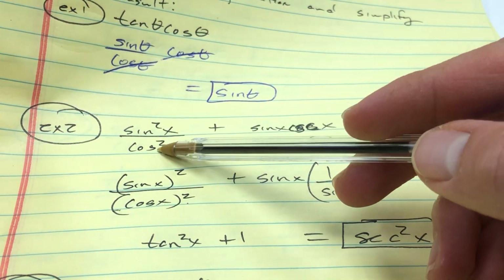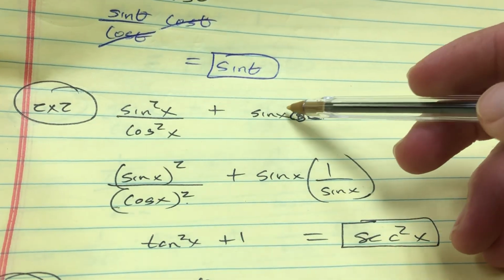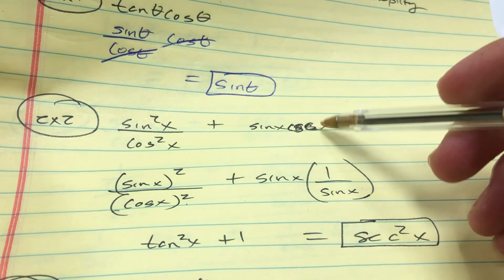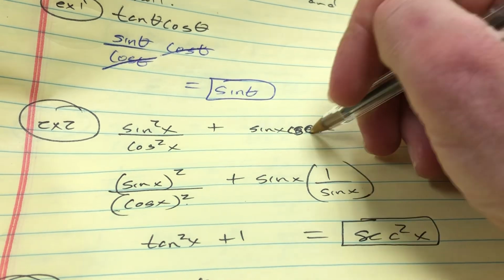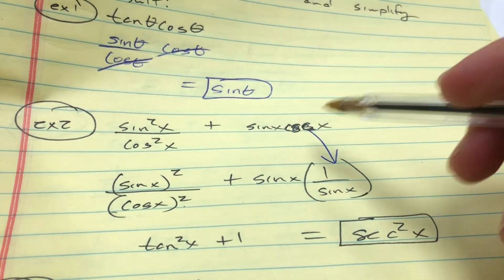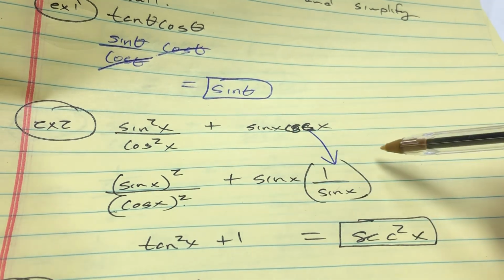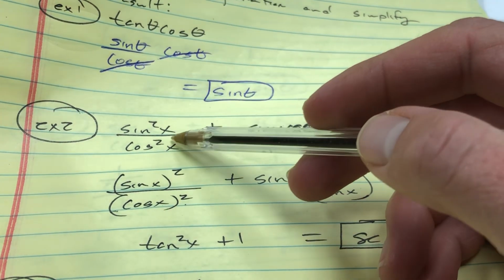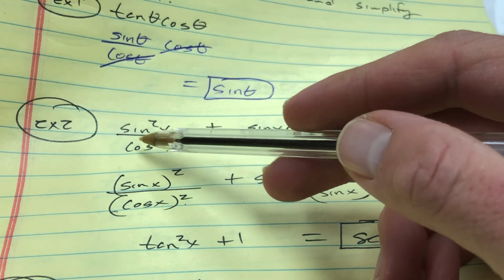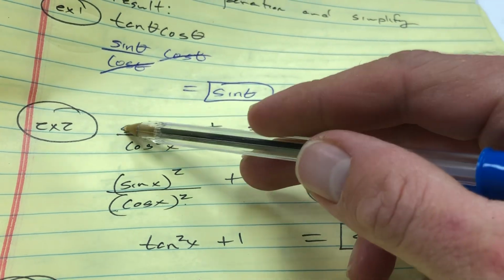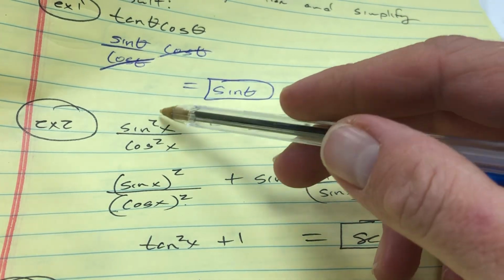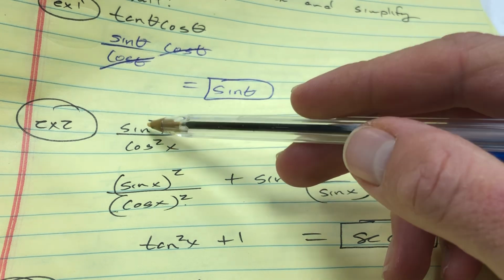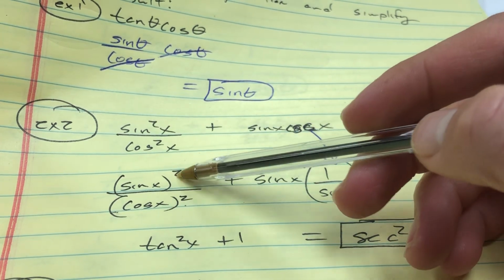So sine squared over cosine squared, and then this is sine times cosecant. Well, cosecant is 1 over sine x, so the sine x will cancel, giving you 1. Here you might be confused because cosine squared can be 1 minus sine squared, but this can also be written as sine x over cosine x, squaring both.